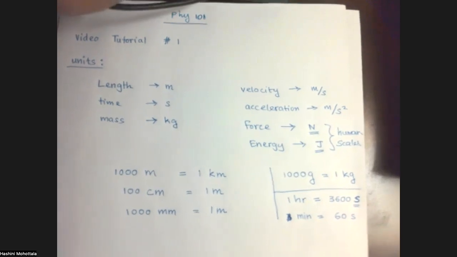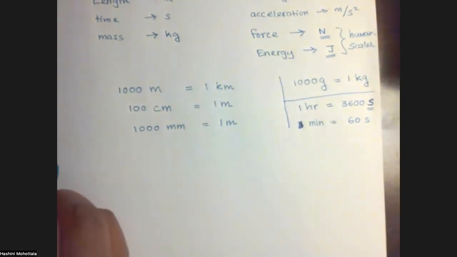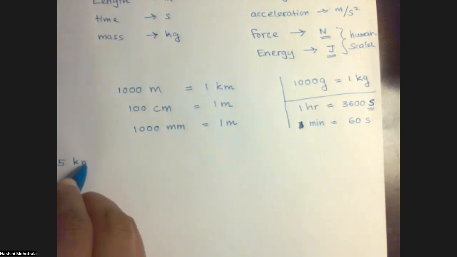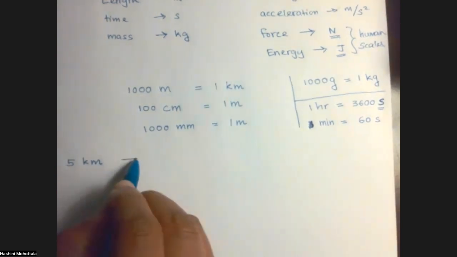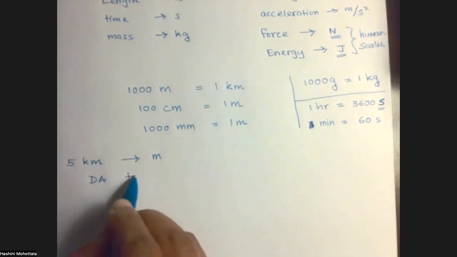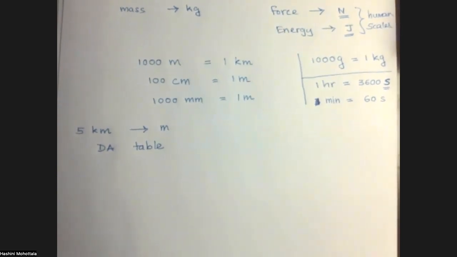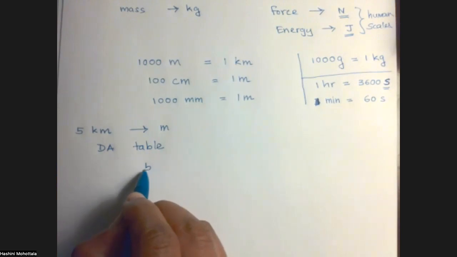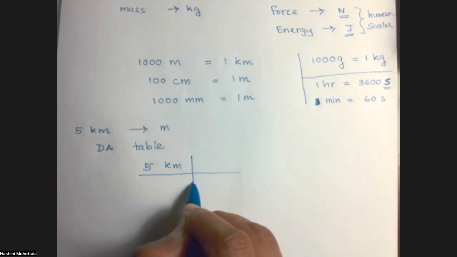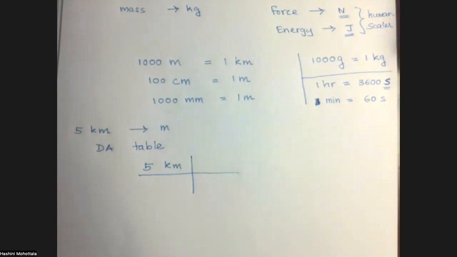Now let's say that we want to convert, just taking an example, 5 kilometers into meters. This is just showing how to use the DA table. DA stands for dimensional analysis. You write 5 kilometers and set up the table, and you want to cancel kilometers and end up in meters.